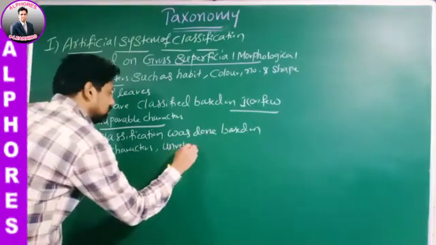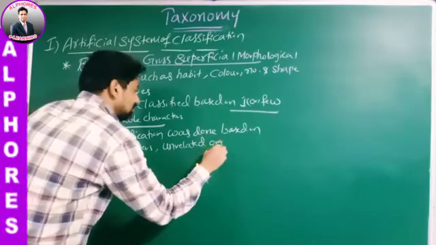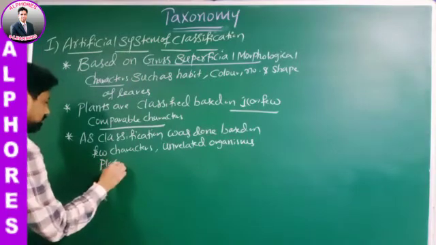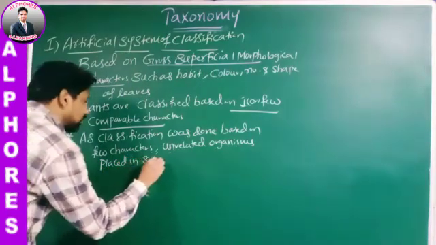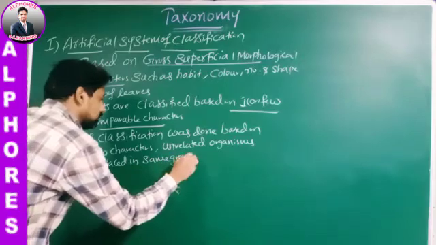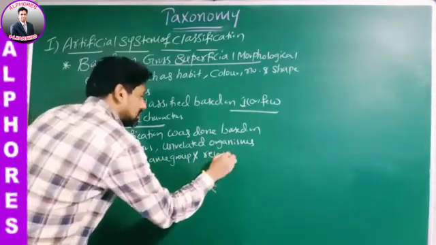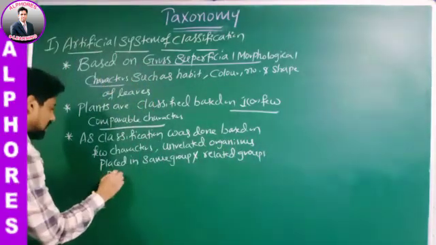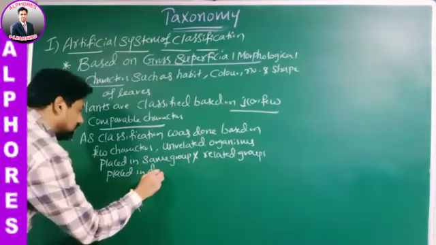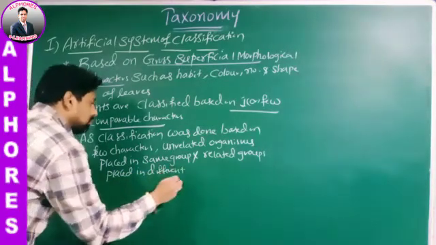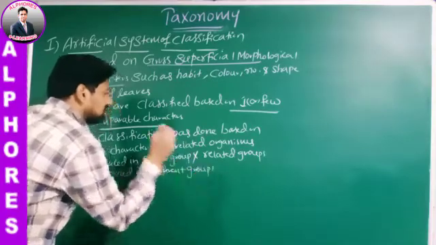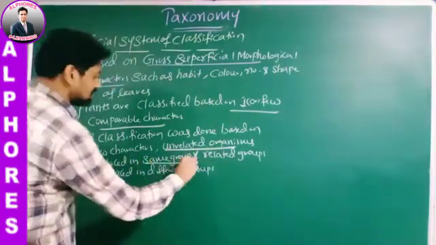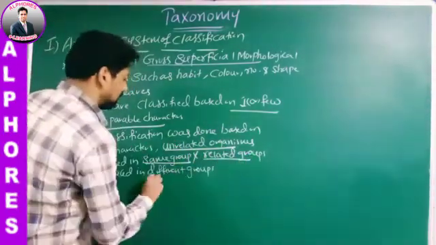Unrelated organisms were placed in the same group, and related organisms were placed in different groups. Therefore, unrelated organisms were placed in the same group, whereas related organisms were placed in different groups.